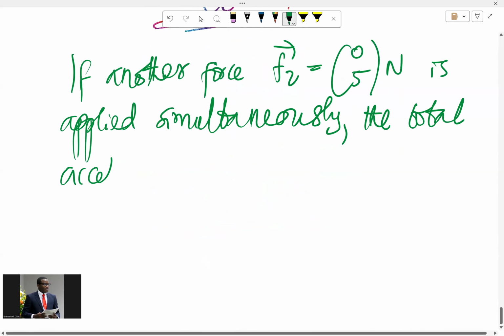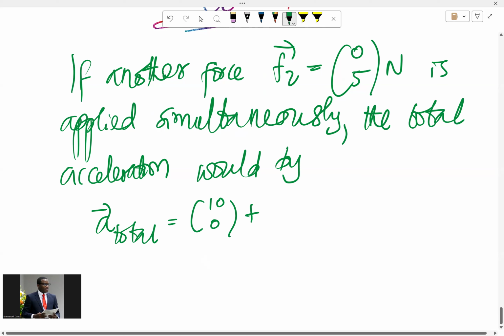So the total acceleration, A total, is of course the first acceleration, that is (10, 0), plus the second acceleration.